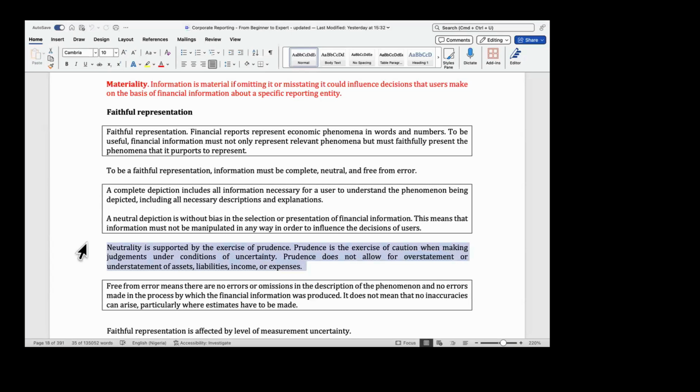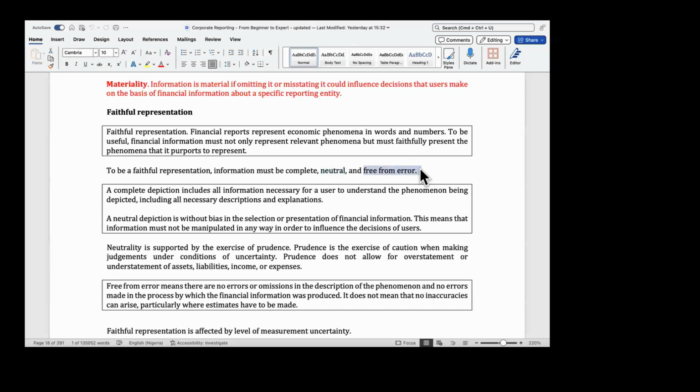Like the principle of impairment of financial assets, which rests on prudence. It's just so that you don't overstate your financial assets or your interest income from that financial asset. So prudence keeps us in check. It's a principle strongly used when developing IFRS. So that's neutral.